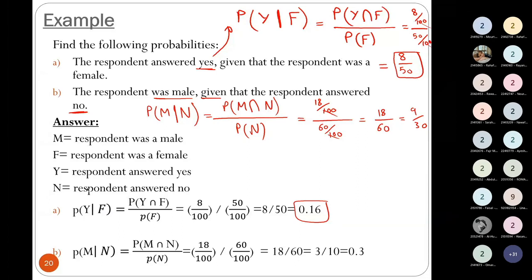We can simplify it, dividing by 3, to 3 over 10. So this equals 0.3.